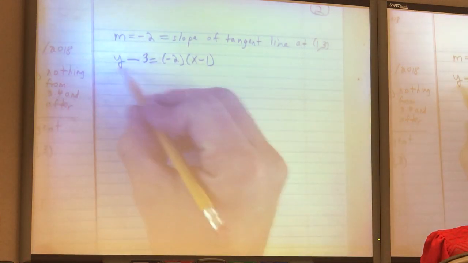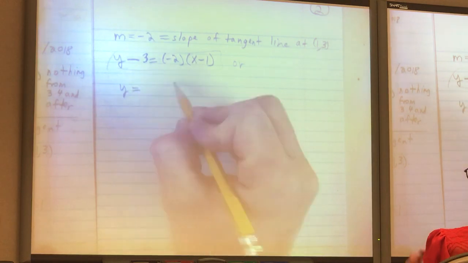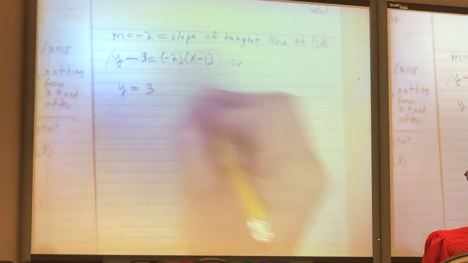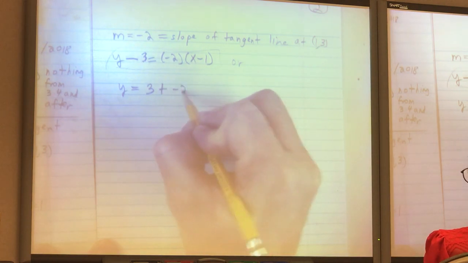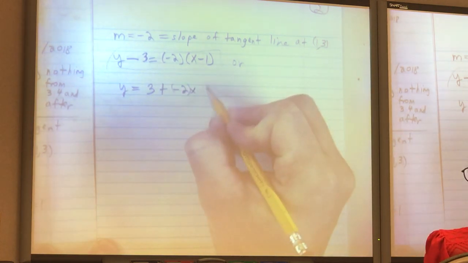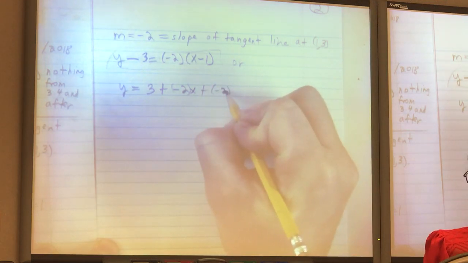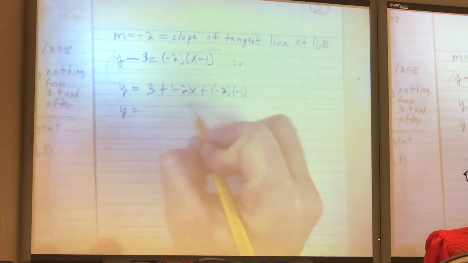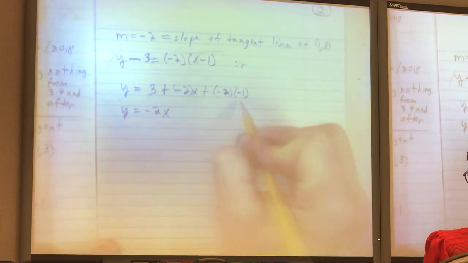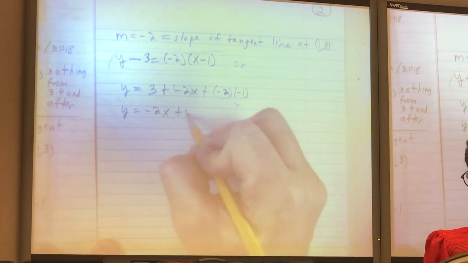If you want it the other way, then you would say y equals 3, so move the 3 to the other side, adding 3 on both sides, plus negative 2x, and then you have a minus 2 and a minus 1. And so you can write y equals minus 2x, and then I have a 2 here, so I have a 5.